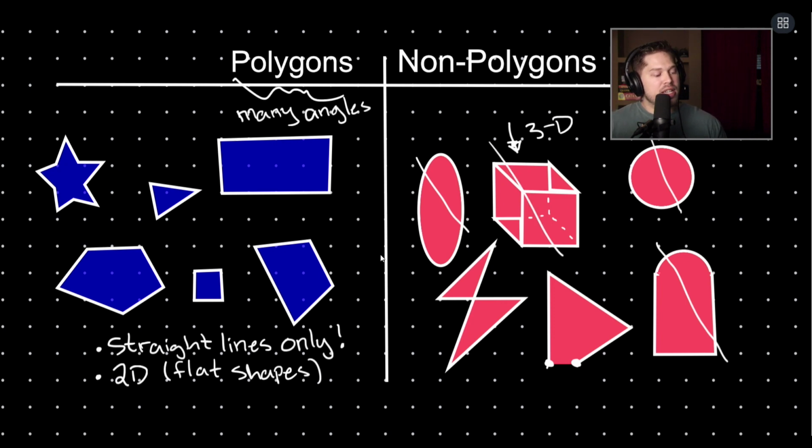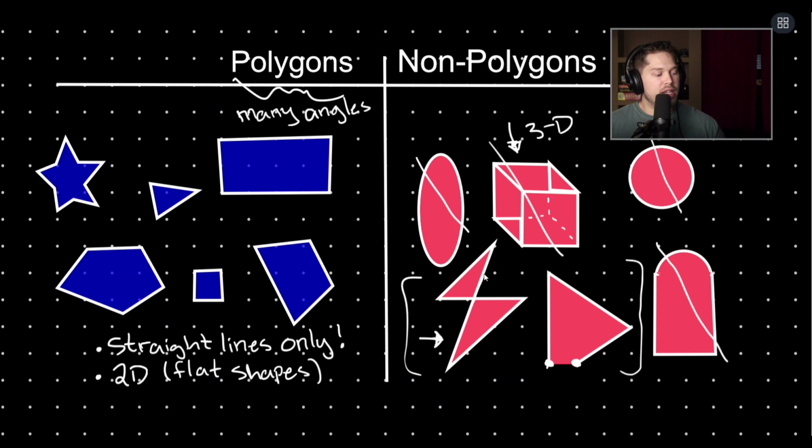Okay, we have two more non-polygon shapes to talk about. What makes these shapes not polygons? They both have straight lines and they are both flat, but why are they not polygons? Well, this one here on the left is not a polygon because a couple of its lines cross.